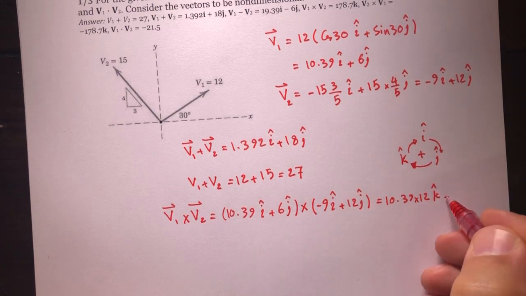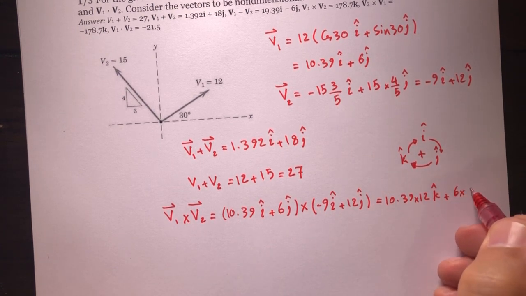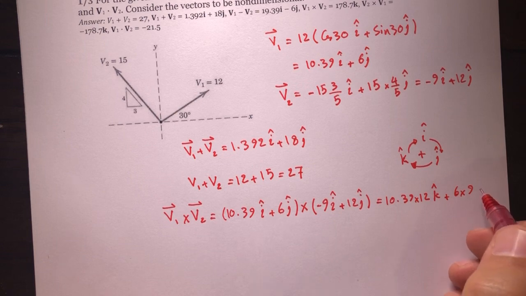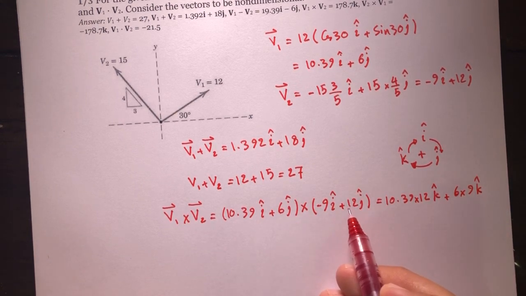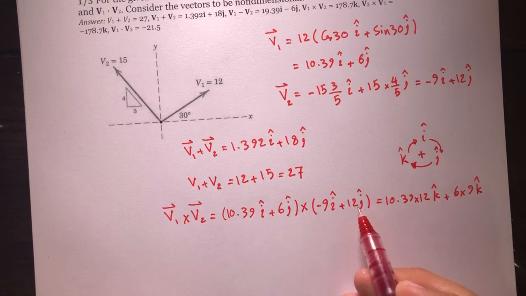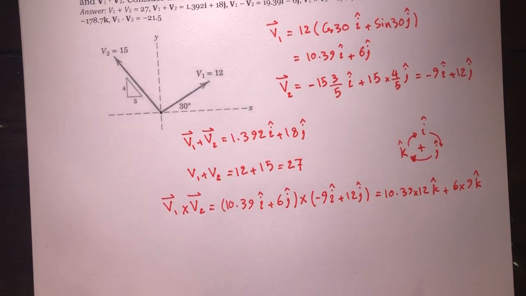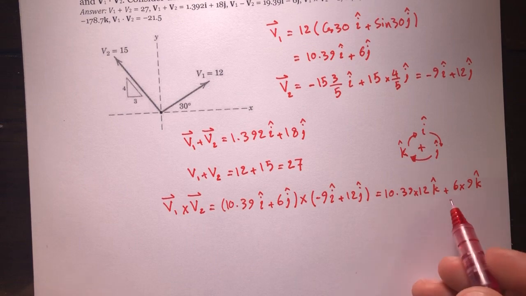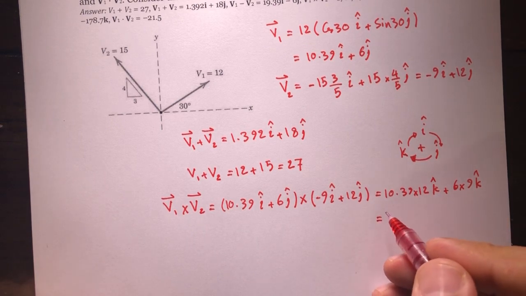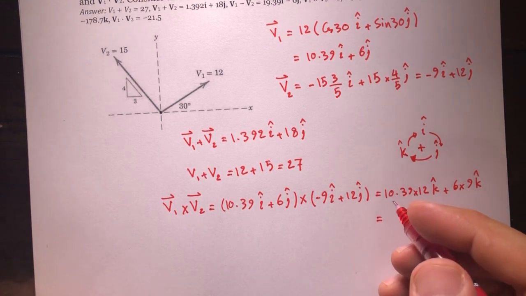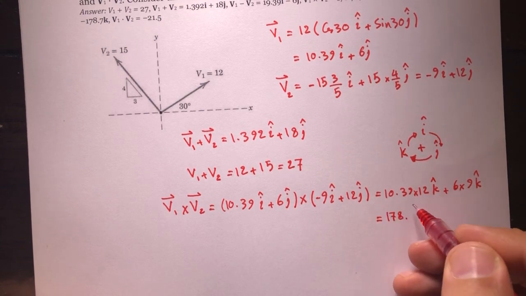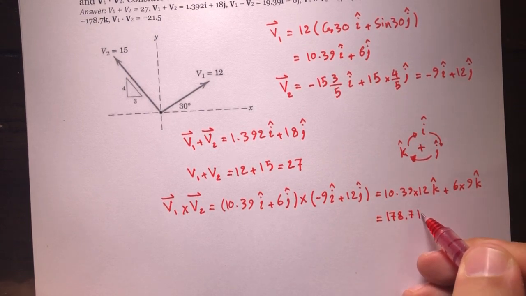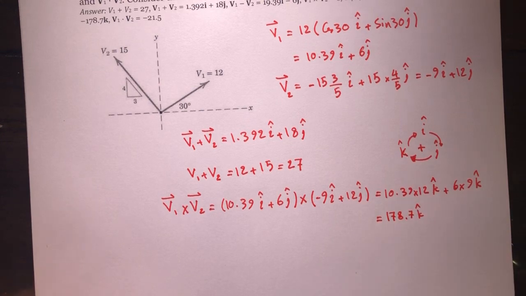So I'm going to have 6 times 9 in the positive k direction. Then j cross j is just 0, two parallel vectors. So if you calculate the numbers, v1 cross v2 is going to be 178.7 in the k direction.